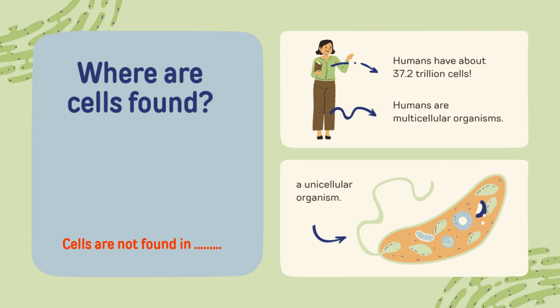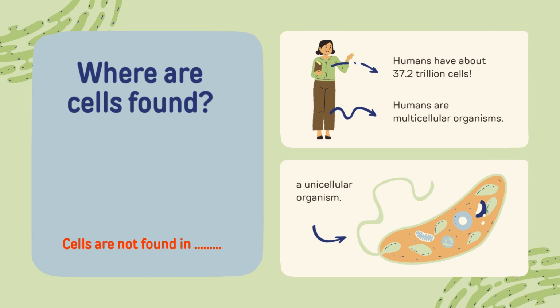Some living organisms, like humans, plants, and animals, consist of many cells, trillions of cells. So we call them multicellular organisms, as they have many cells that compose their bodies.